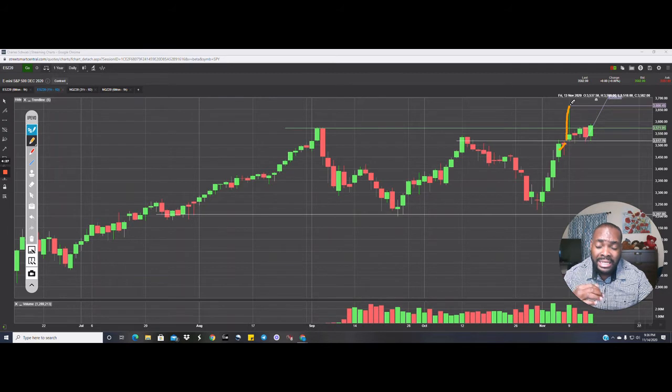Remember I said whenever we do break out, in order for the continuation to be proven, the market has to come back and retest the old resistance, right? It has to come back and test the old resistance, and now the old resistance is supposed to be support before we're able to go higher.